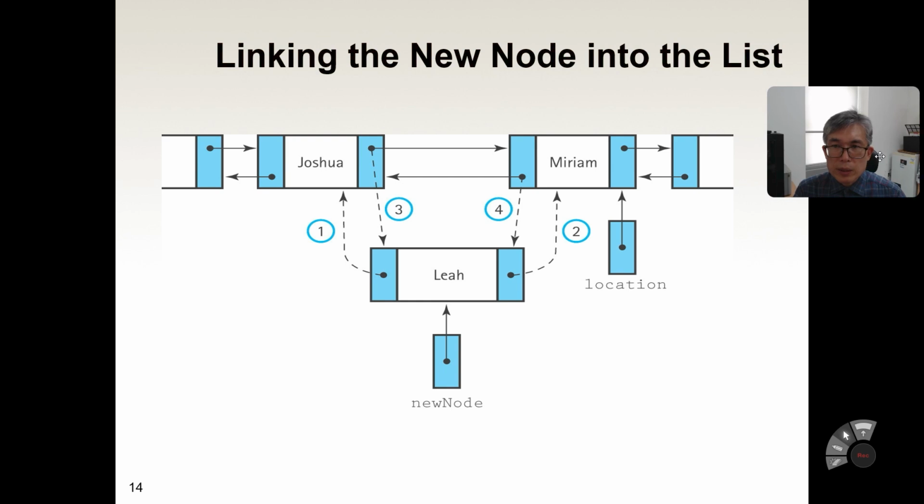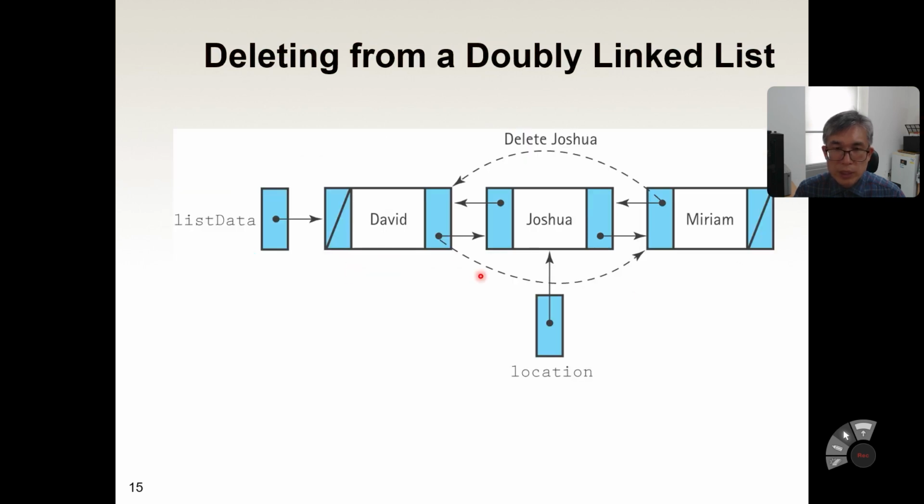And if we make a new node, we create the new node using new, and then the new node's previous points to this Joshua node, and the next node, the successor node, is Miriam. Then Joshua's next points to this Leah, and Miriam's previous points to this Leah, and then we can make a doubly linked list.